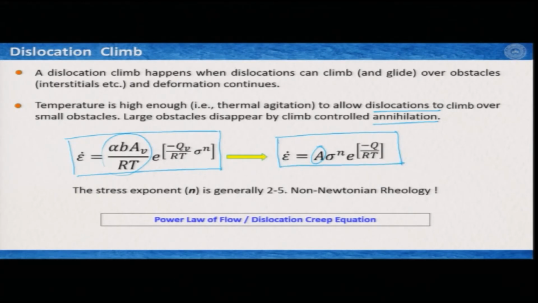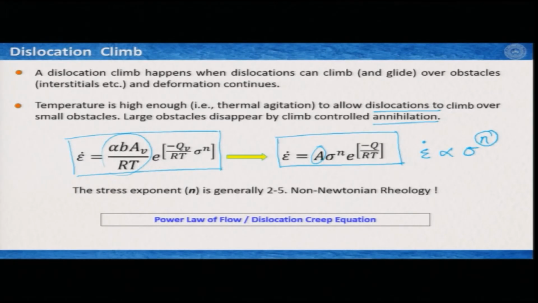Strain rate is equal to a material constant multiplied by sigma with a stress exponent n, e to the power minus Q by RT. If we look at the relationship between strain rate and stress, strain rate is not related to the stress linearly, but it requires an exponent which we call the stress exponent. Experimentally, people found that in this range of dislocation climb, the stress exponent generally varies from 2 to 5.